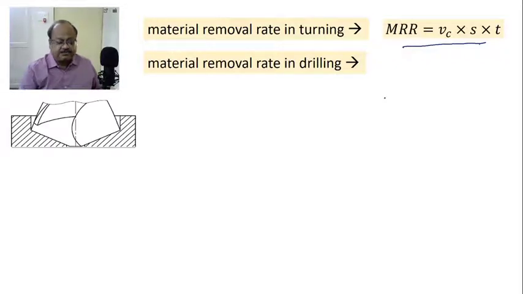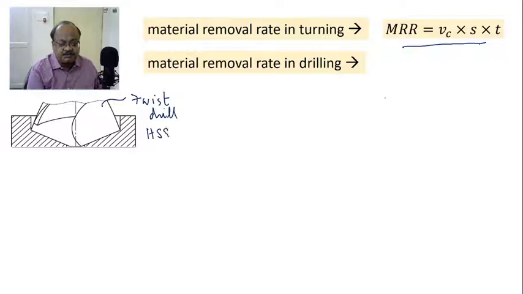So let us evaluate. This is a schematic drawing of the drilling process. This is a twist drill. Typically twist drills are made of high speed steel.